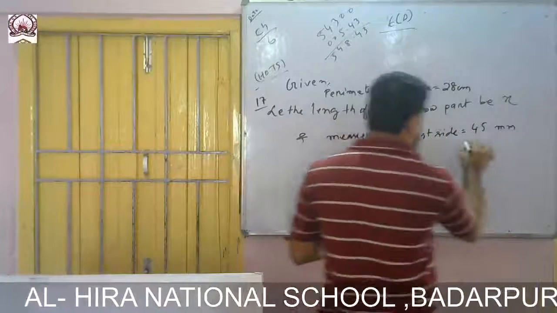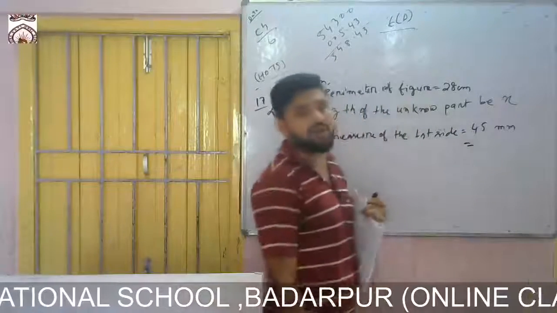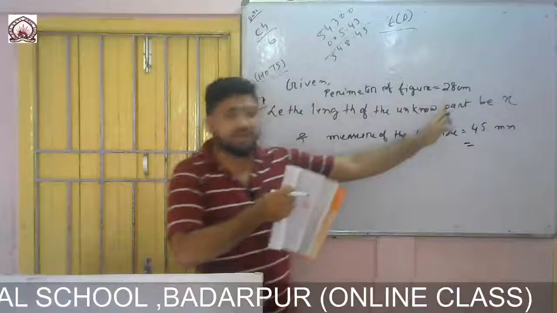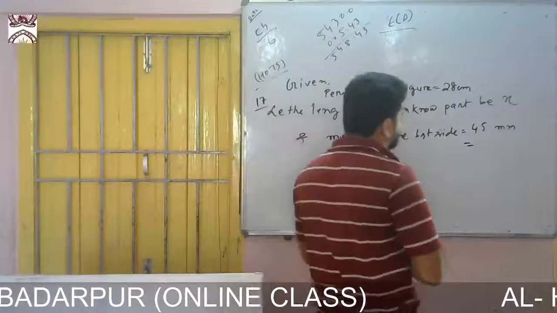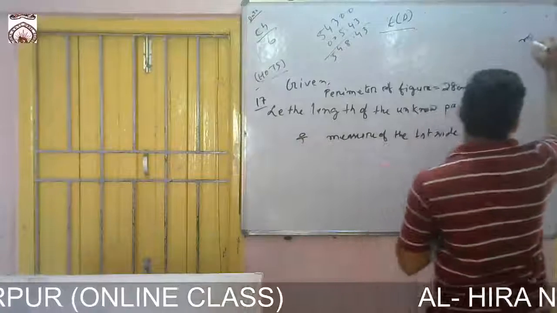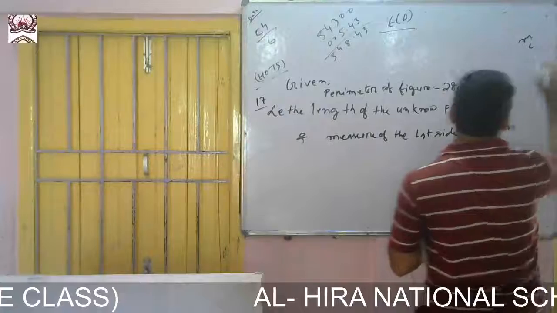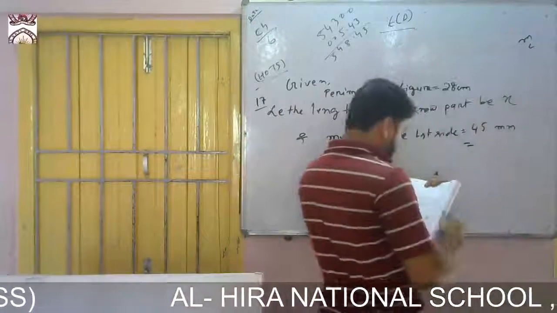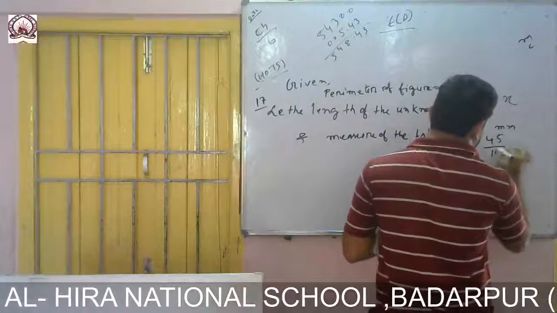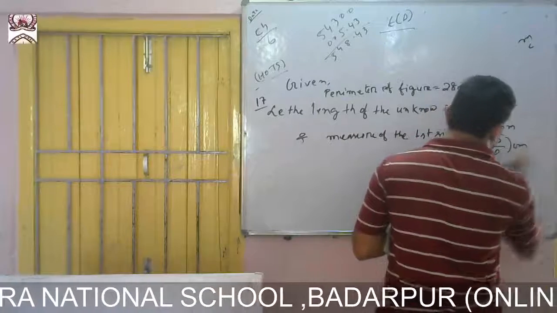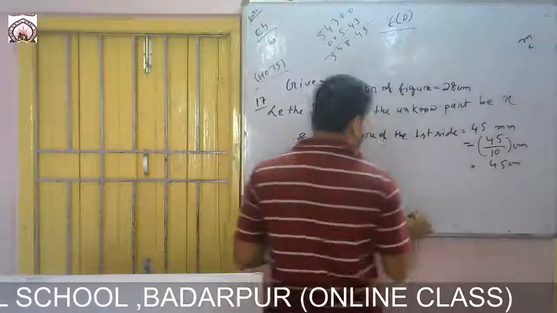Now we convert, because the perimeter is in centimeter, so I need to convert all the units to centimeter. Millimeter to centimeter, I need to divide by 10, so it will come to 4.5 centimeter.